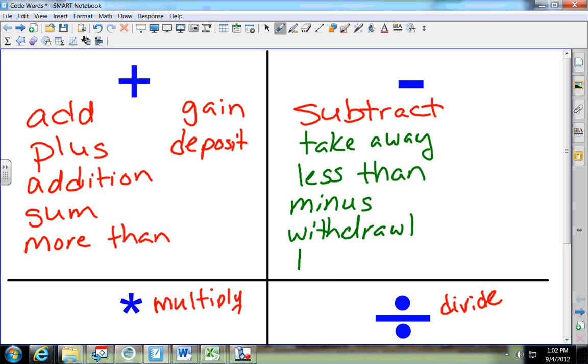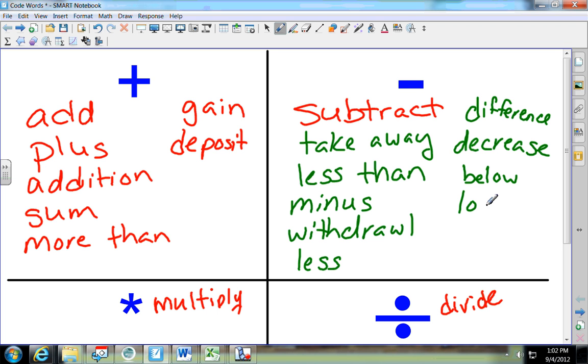What about just less? Difference, decrease, below or under, lose. Because, yeah, if you gain electrons or if you lose electrons.